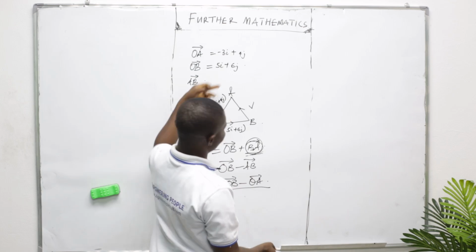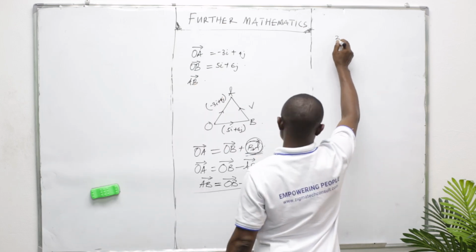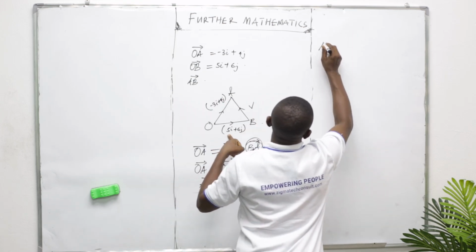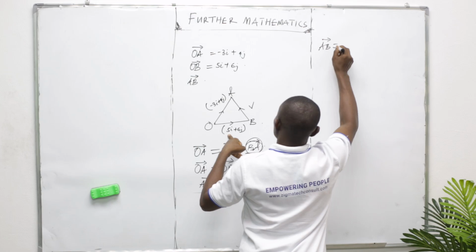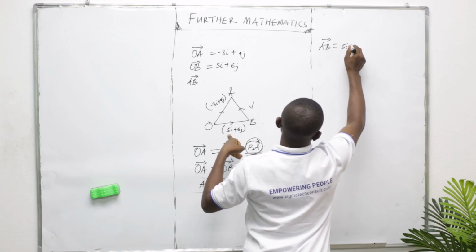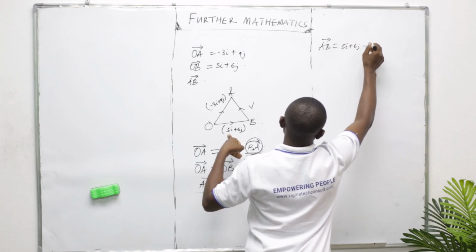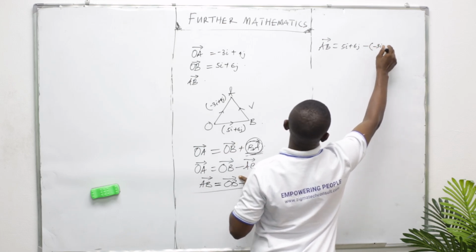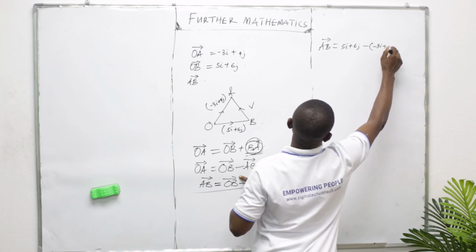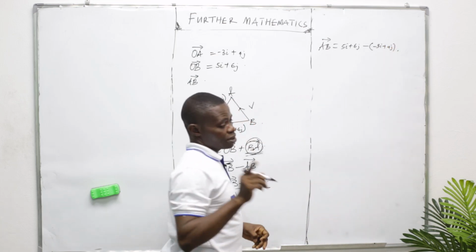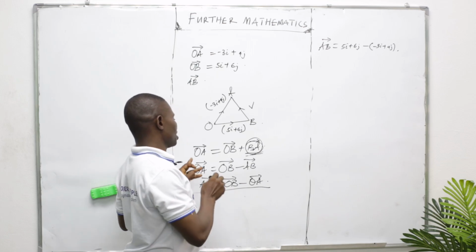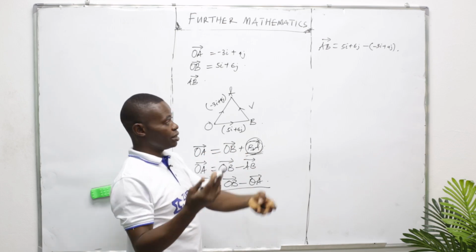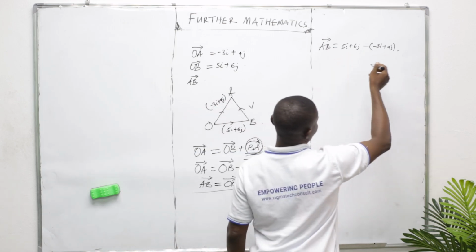Now, where is our OA? I have the row OB minus, that is 5i plus 6j minus bracket minus 3i plus 4j. There's something I call resultant. That resultant you'll be hearing in vector, it's just this thing we are doing, subtracting or adding, is called resultant.